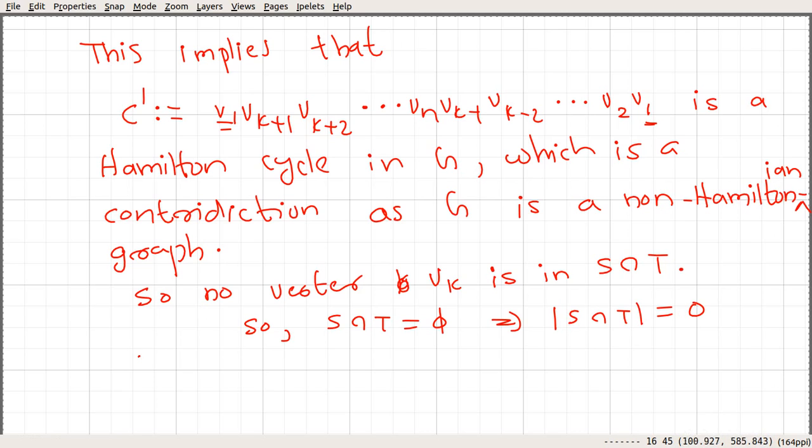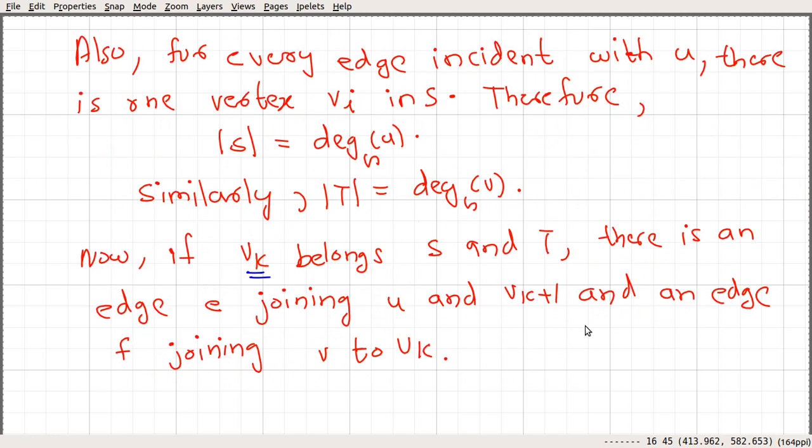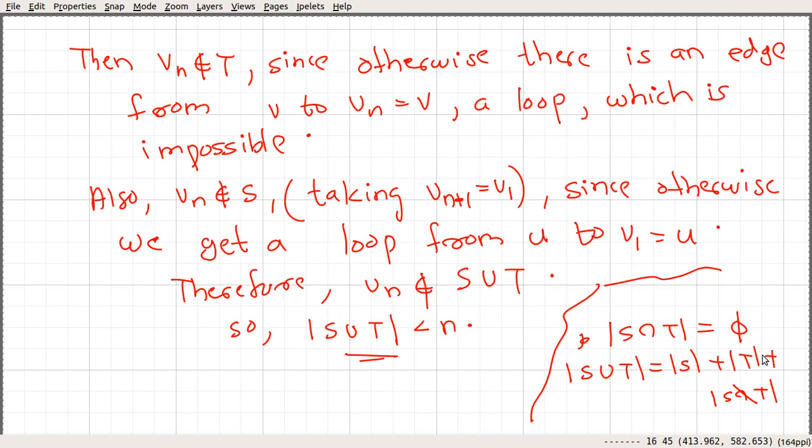Now if we take the cardinality of S union T, that is nothing but the cardinality of S plus the cardinality of T minus, I think I made a mistake here, it is not plus, it is minus.